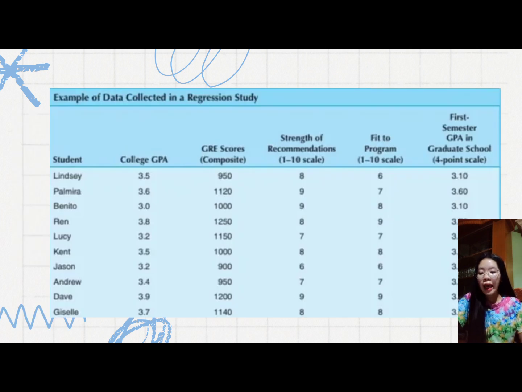We also have a sample database for 10 college students that we will show on the screen. Based on the image flashed on the screen, it indicates that the investigator seeks to explain the variability in first year grade point average, or GPAs, for these 10 graduate students in education.